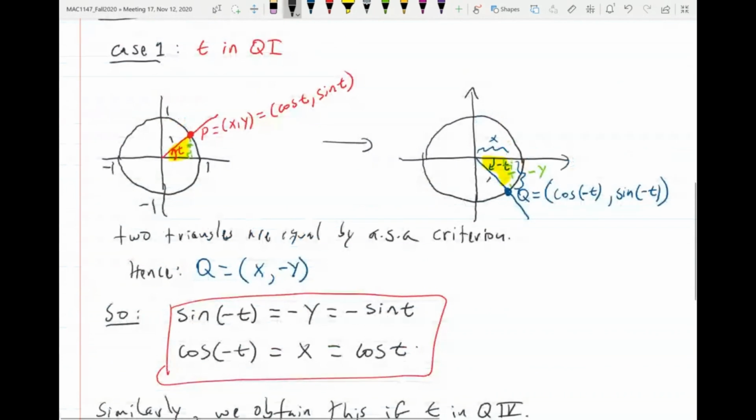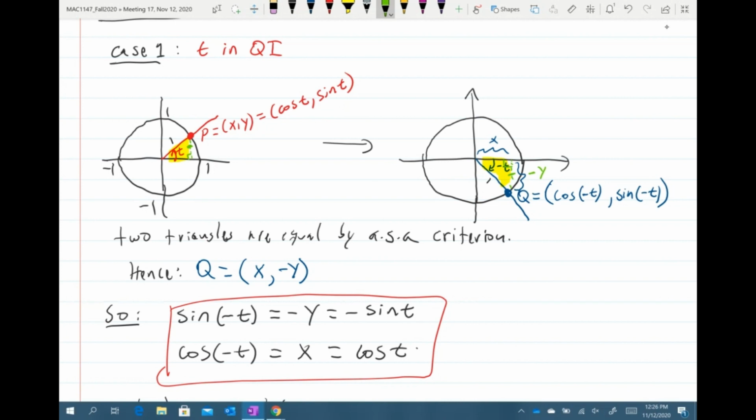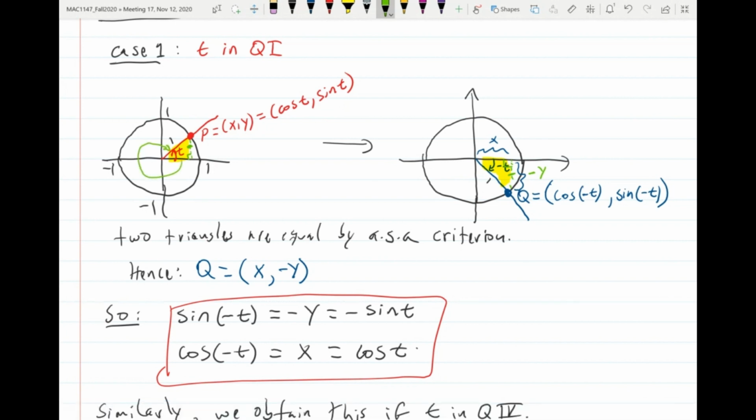And why is this? If t is in quadrant 4, you will basically have a picture like the one that we have on the right. Instead of negative t, when you put t, you will have a picture like the one on the right. It's just that t is going to be this guy. But it's basically the same picture. We'll be using the same angle anyways. And then negative t would be the picture that we have on the left. But once again, instead of being measured counterclockwise, it will be measured this way, clockwise.